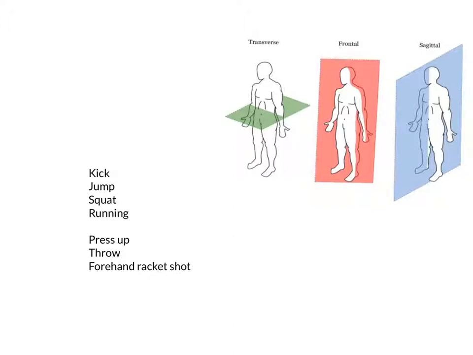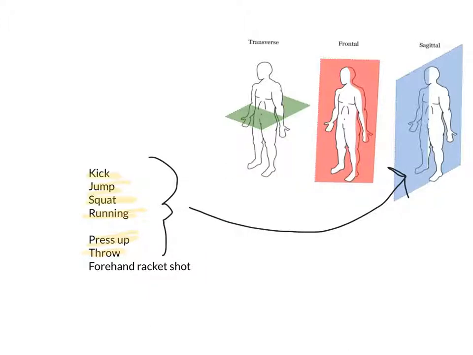If they ask you about either the kick, the jump, the squat, the running, the press up or the throw, and if they ask you what plane that is taking place in, then the answer is it is taking place in the sagittal plane.